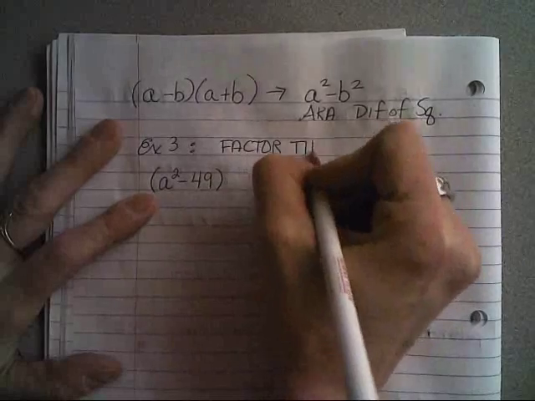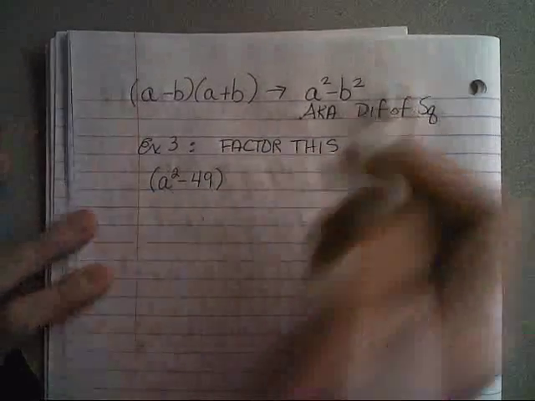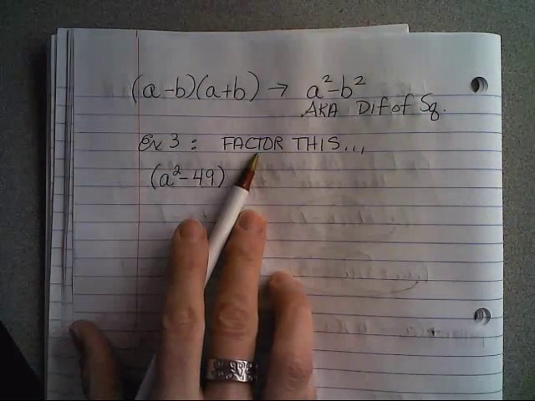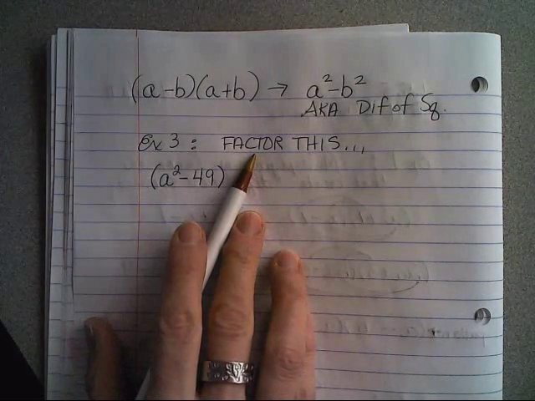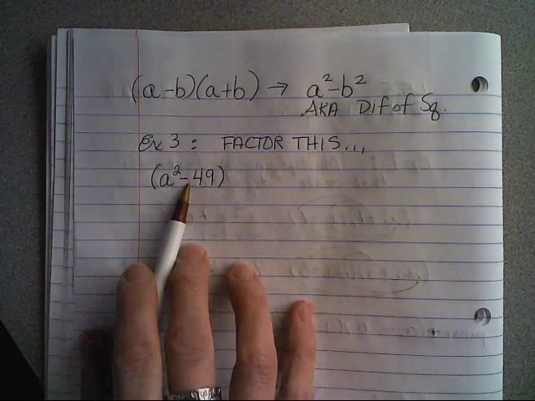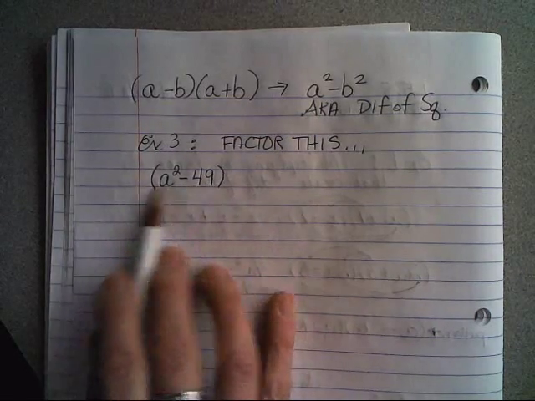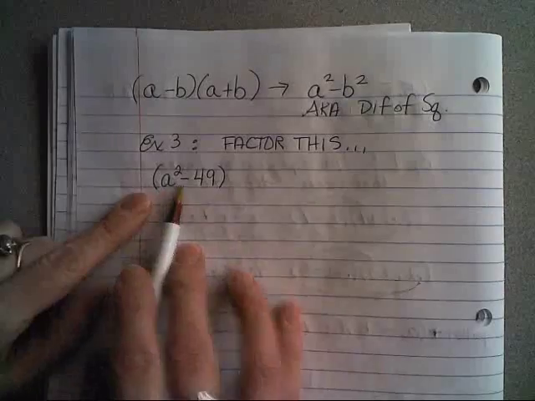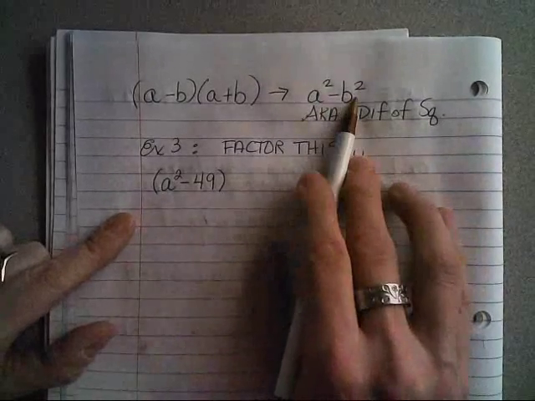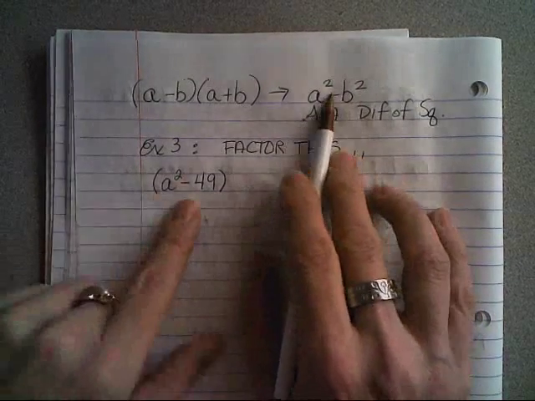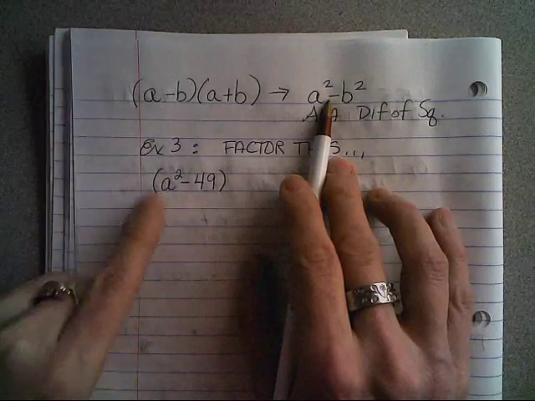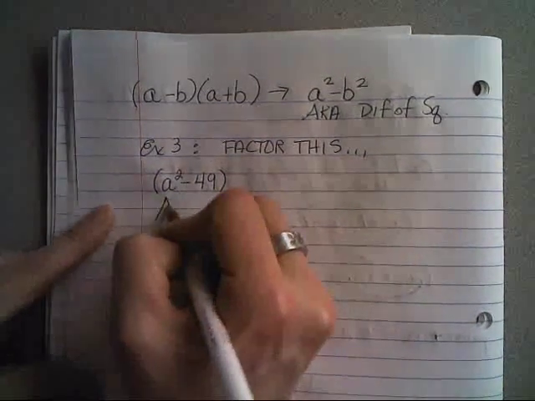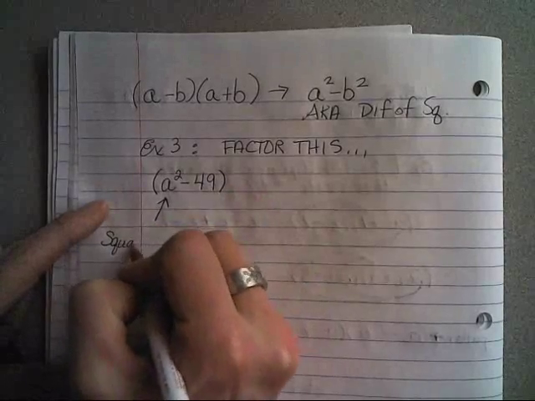Factor. If I give you this and I tell you to factor it, I am asking you what items, when multiplied together, will give me this. Does this sort of look like this? Yeah, this is a difference. Is the first piece a perfect square? In other words, does it have a square root?